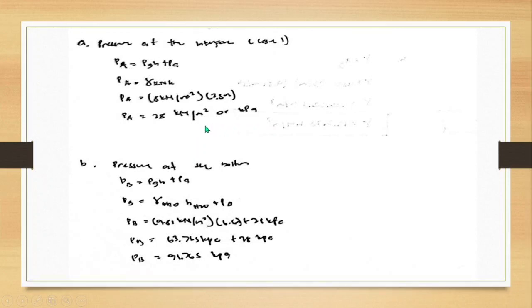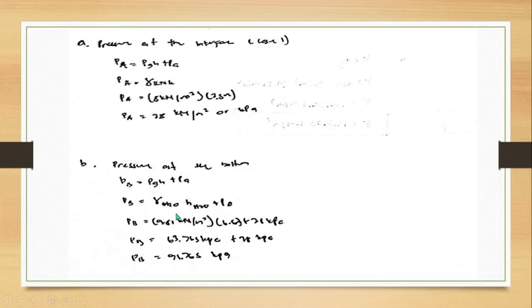The second is the pressure at the bottom. So P_B equals ρgh plus P_A. P_B is equal to the specific weight of water times the height of water plus P_A.